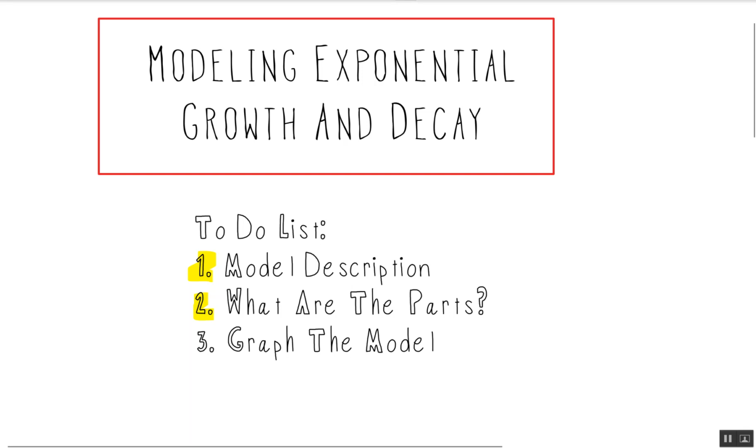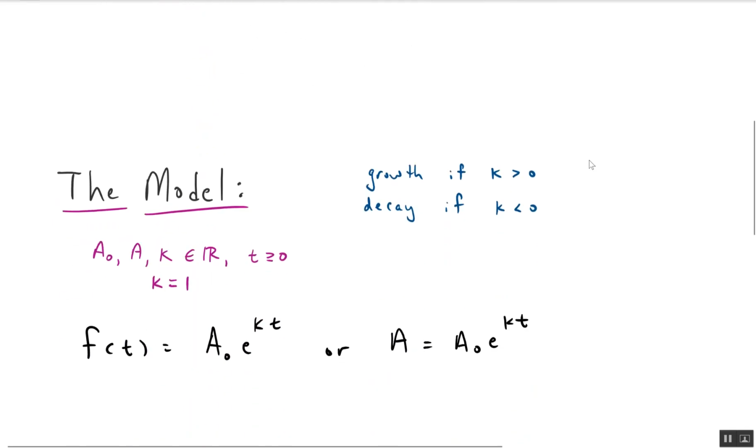The first item is more of a model definition, and then we'll break it down in step 2 and say, what does this part mean? What does this part mean? So hopefully by the end, you will completely understand each part of the growth or decay model that you would see in algebra. The last step will be a graph. We'll discuss what the graphs look like for both a growth and a decay. All right, let's start.